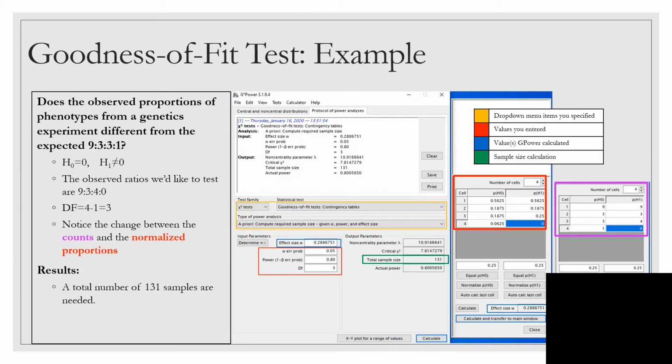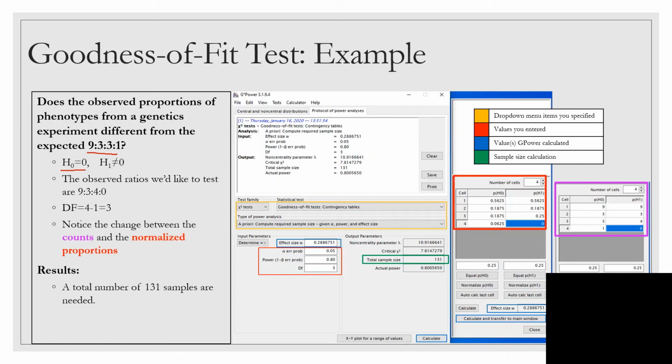Let's look at that genotype example. Is the observed proportion of phenotypes from a genetics experiment different from the expected 9 to 3 to 3 to 1? So the null is that there is no difference from the expected, while the alternative is there is a difference.